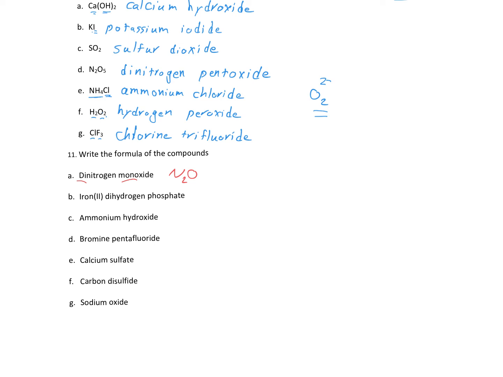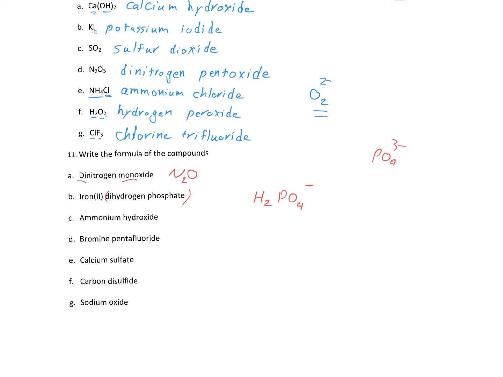Okay. Iron 2 dihydrogen phosphate. Dihydrogen phosphate is one of the polyatomic ions that you have to memorize. So dihydrogen phosphate, and you have to memorize that the charge is -1 because phosphate is -3.